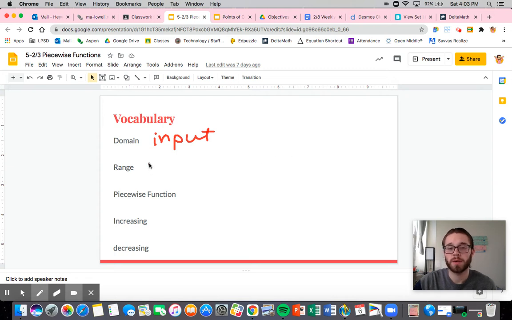And the range is my outputs, your Y values, when you graph it. You've looked at them before. Now we're going to look at them kind of disjointed. A piecewise function is just a function, so you have an input and output. Each input only goes to one output still, because it is still a function.